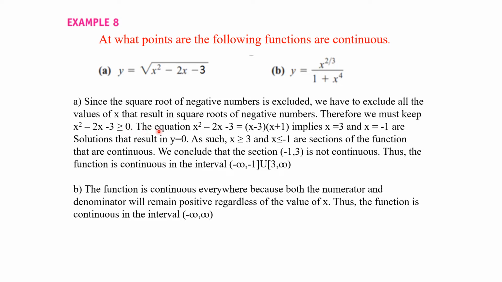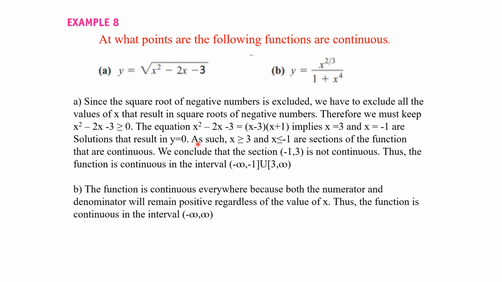The expression x squared minus 2x minus 3 can be factored into x minus 3 multiplied by x plus 1, and these two factors imply that x equal to 3 and x equal to negative 1 are solutions that result in y equal to 0.